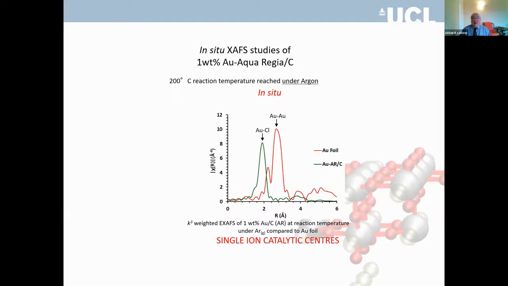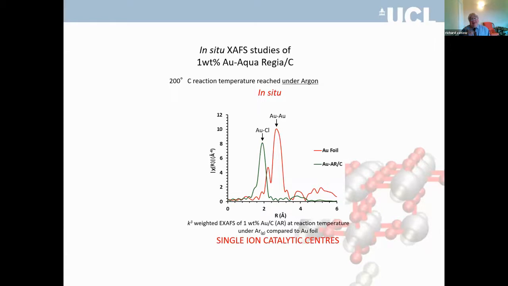And what we find is something quite remarkable. Here we've got the Fourier transform of the spectrum. What you see in red there is the kind of Fourier transform you'd expect if you had gold nanoparticles, because you would see in the Fourier transform features corresponding to gold-gold separations in the nanoparticle. Those are completely absent in the spectrum that you actually observe experimentally, which is the one in green.